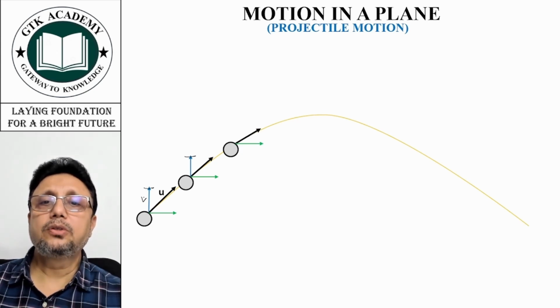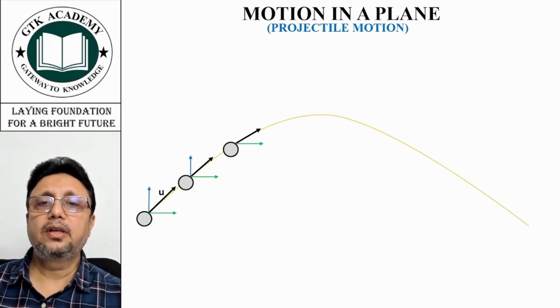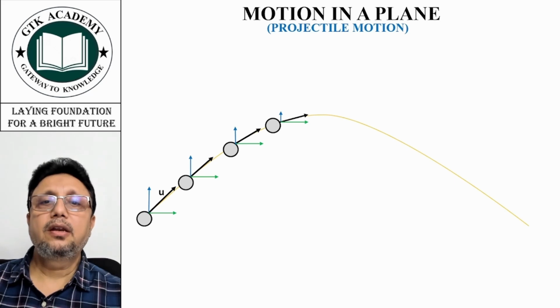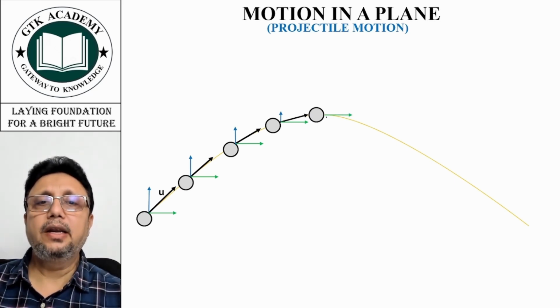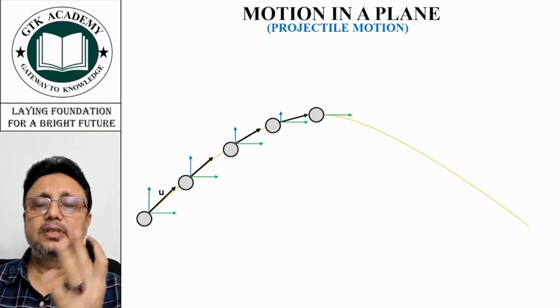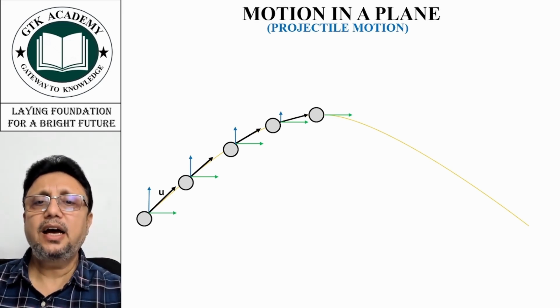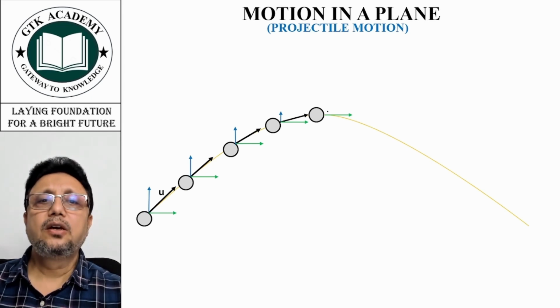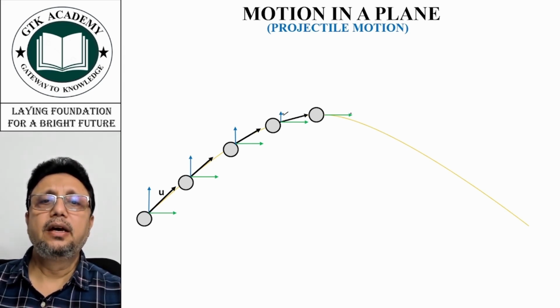As the body goes up, it will reduce further, and when the body reaches the highest point, then there is no velocity in the vertical direction which will take it upwards. That is what we mean. It has reached the highest point.